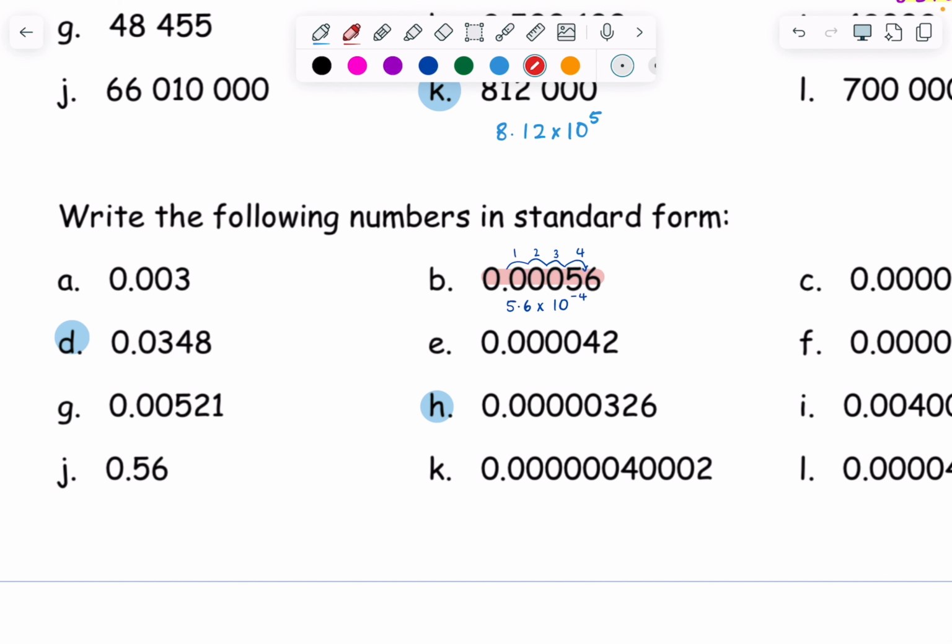Any luck? What happened? What will the answer be?